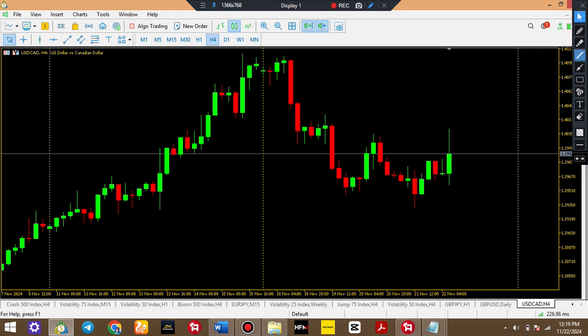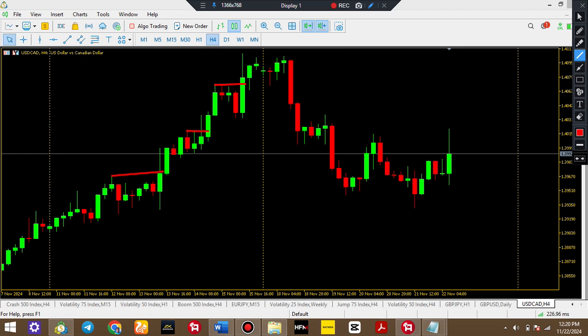So, for you to take a buy when price did a reversal, because this is a break of structure here towards the upside, this is another break of structure towards the upside, this is another break of structure towards the upside.